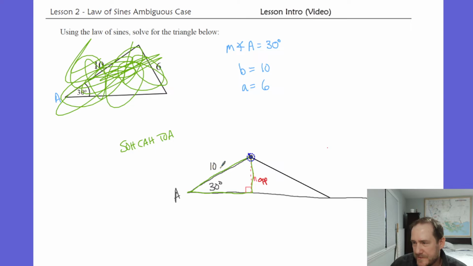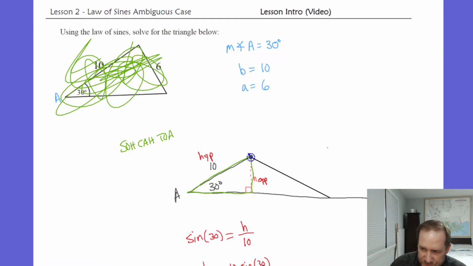And the side that you choose that has a name different from A, meaning in this case the B, that'll always be the hypotenuse. And so we are always going to be using sine. We're going to take the sine of 30, set it equal to the opposite, which is our height, divided by our hypotenuse, which is the side 10. And then we can see that our height is going to be 10 times the sine of 30.